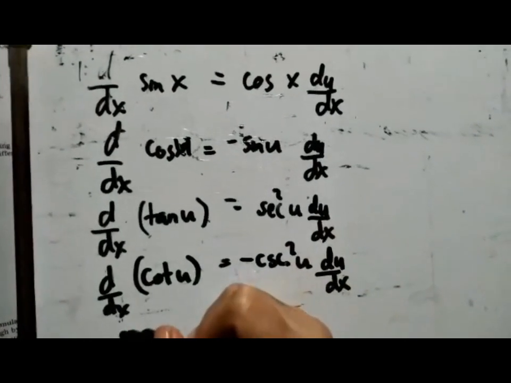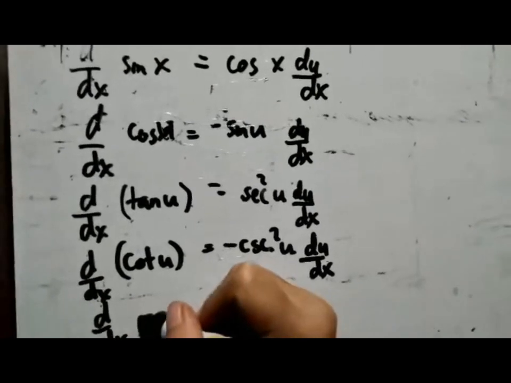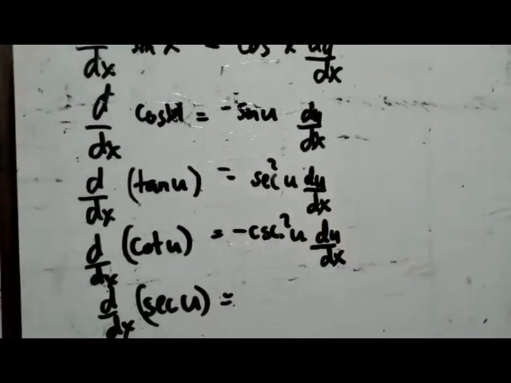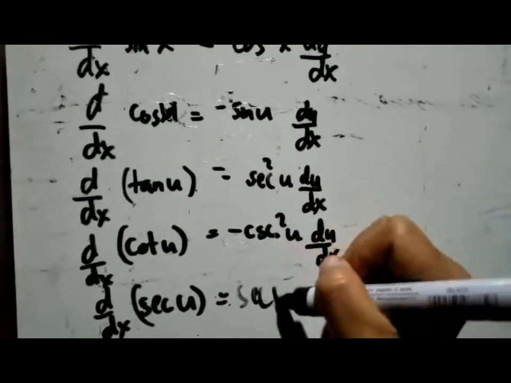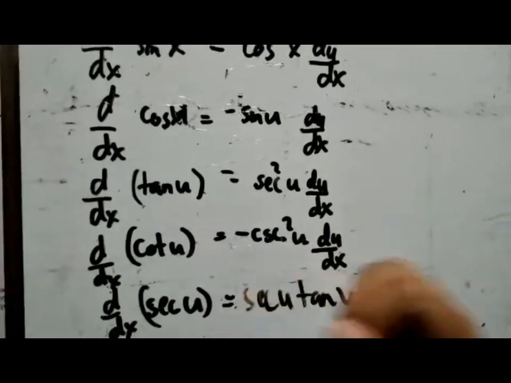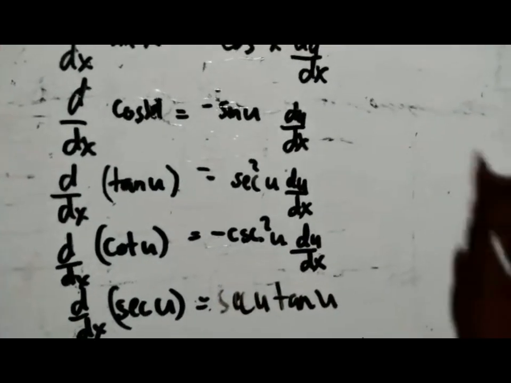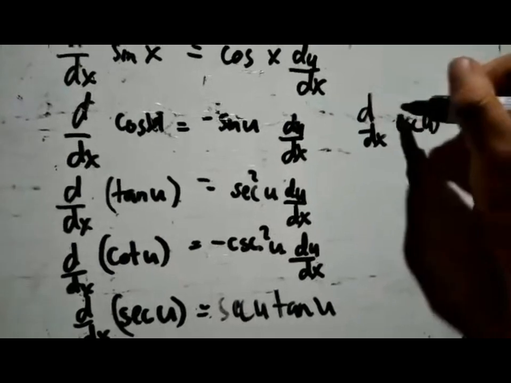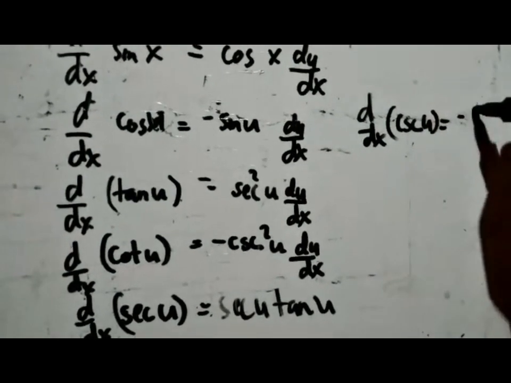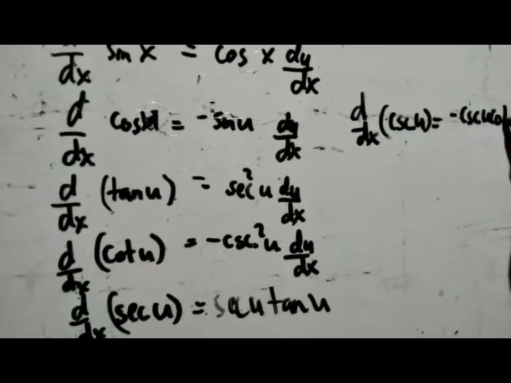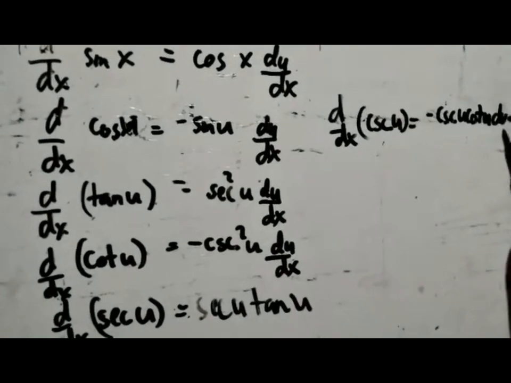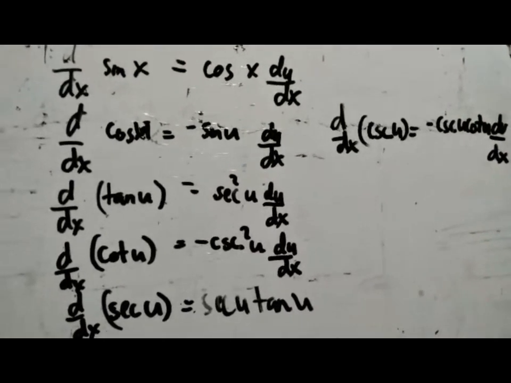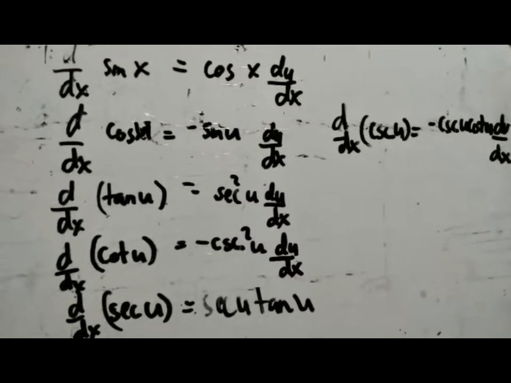The derivative of secant u is secant u times tan u du over dx. And lastly, the derivative of cosecant u is negative cosecant u times cotangent u du over dx. So these are formulas that we're going to familiarize or memorize.